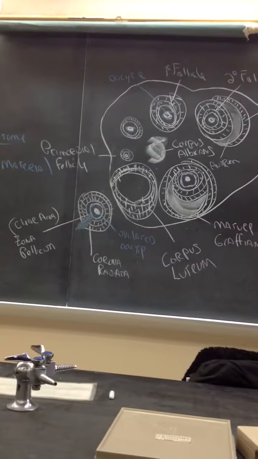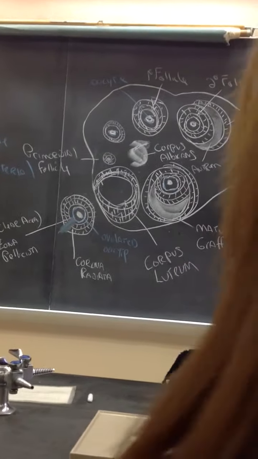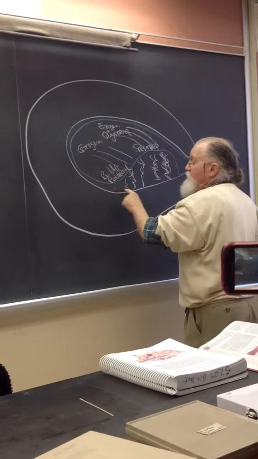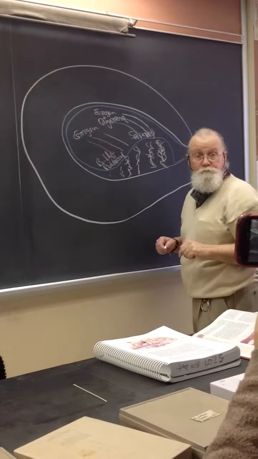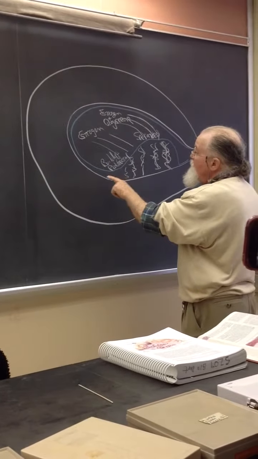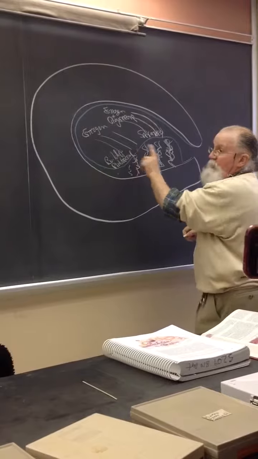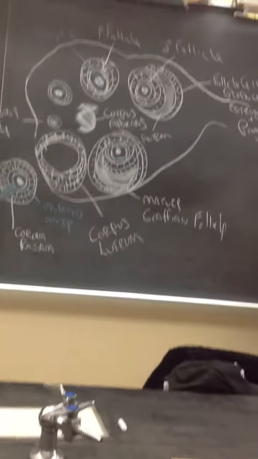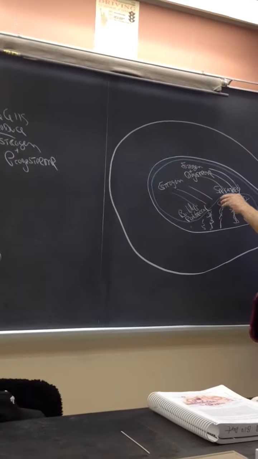So here's what's happening. Okay, here's my endometrium, and this is the functionalis layer, stratum functionalis. Under the influence primarily of estrogen as the follicle is growing, the endometrium starts growing.